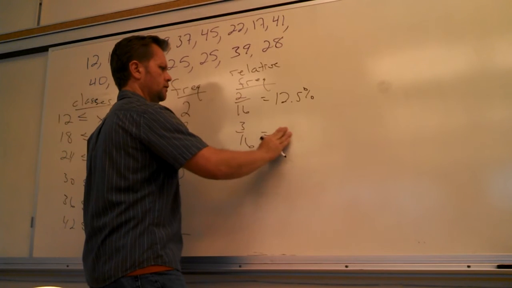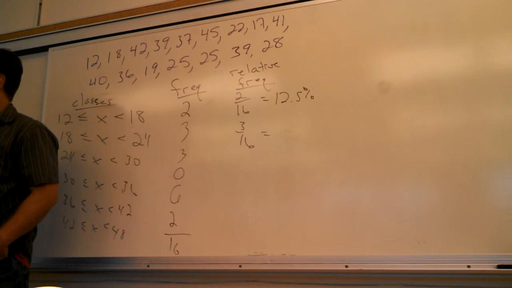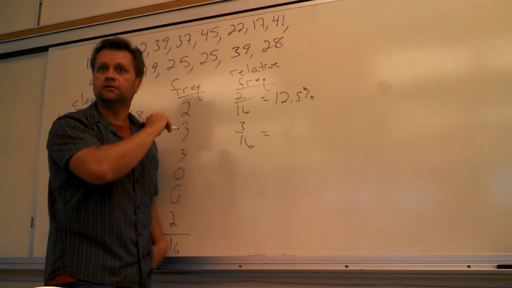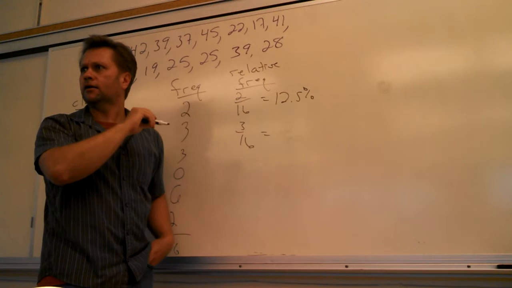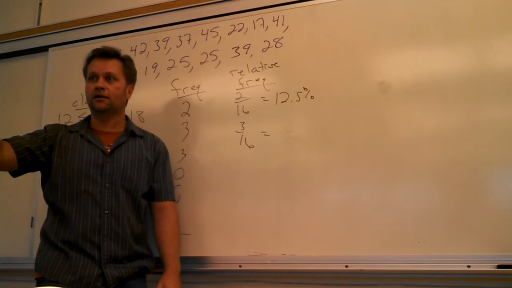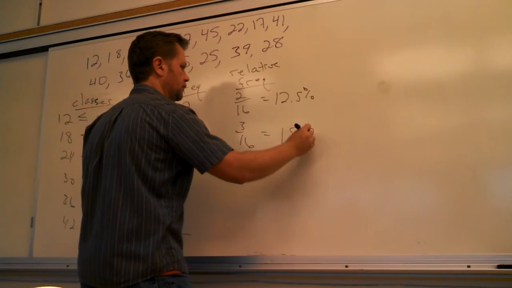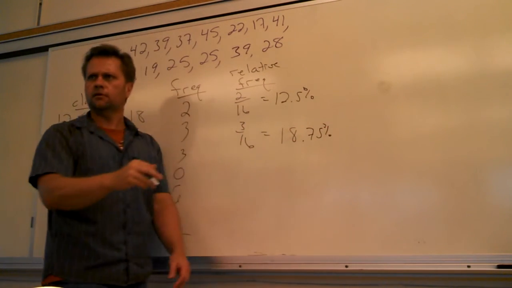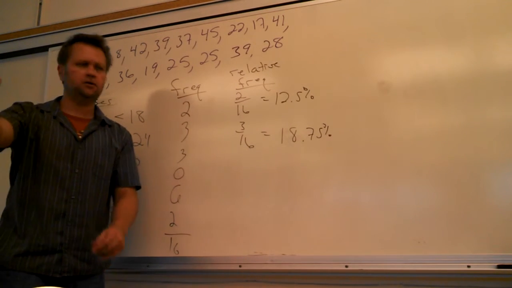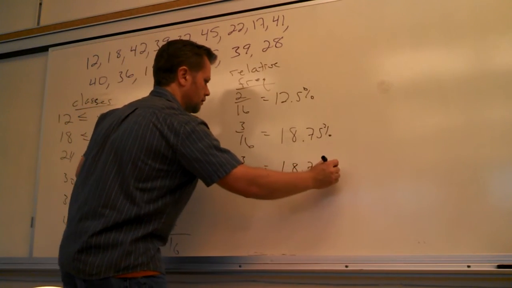No, 3 divided by 16. Hold on. What is it? Can nobody do that? I accidentally did 0.8175. Oh, thank you. 0.1875. That makes more sense. 18.75%. Can somebody do 3 divided by 16? That's right? Okay. Yeah. And then that one, thank God we got that already.